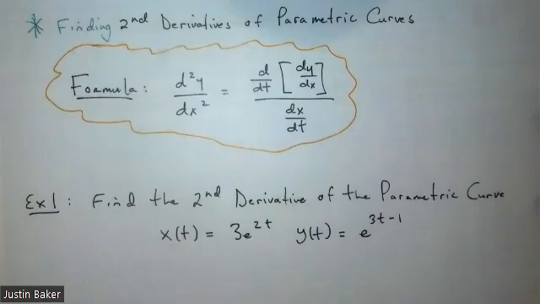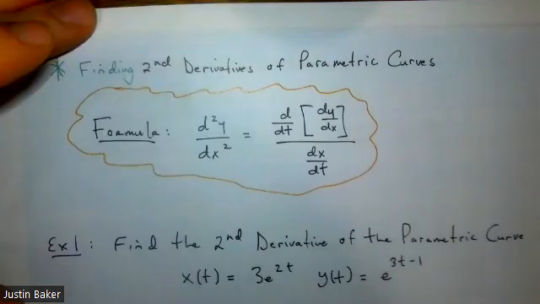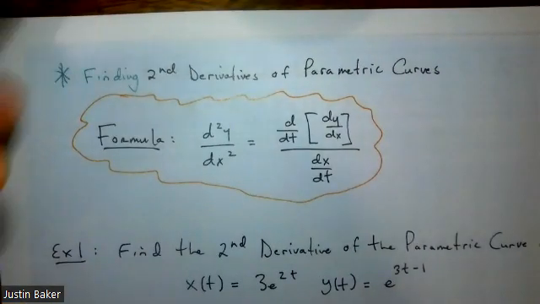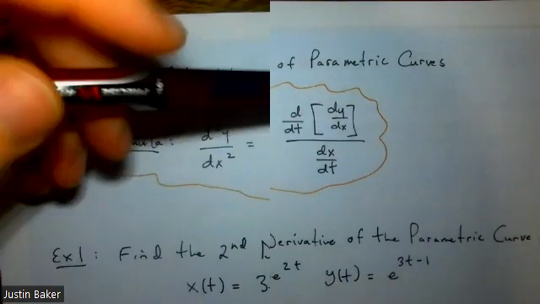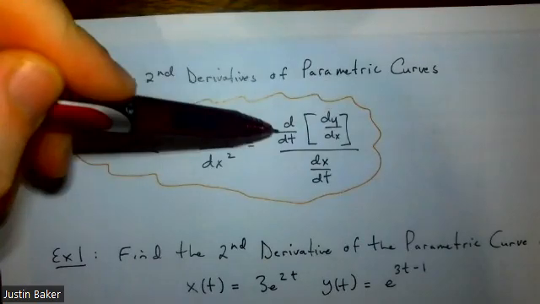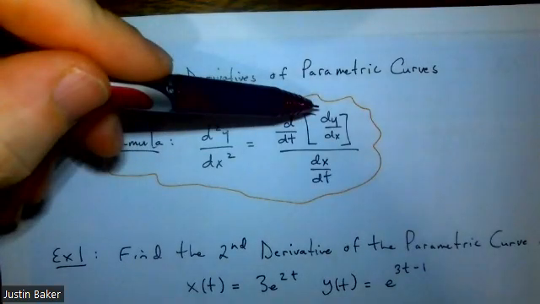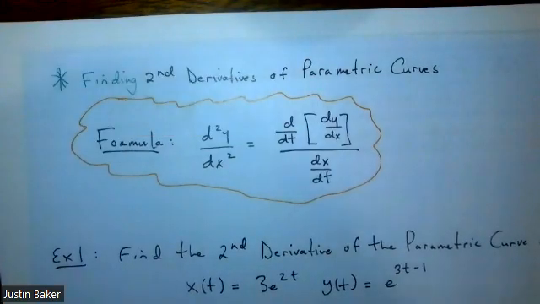For a second derivative, we would have to get into the proof behind why this is, because it's not quite as intuitive as you might think. The second derivative essentially is you're only going to derive the top half of the parametric derivative and you leave the bottom half alone.